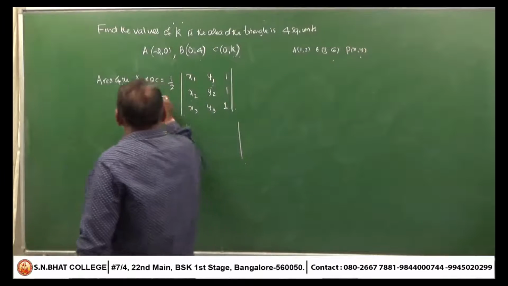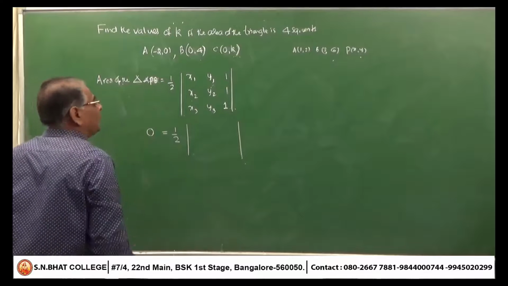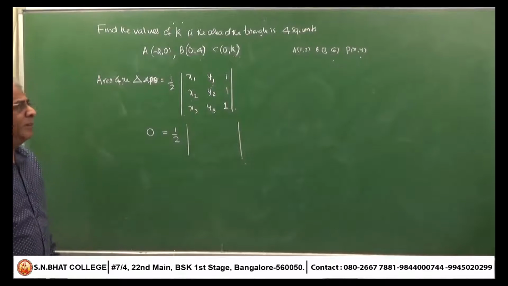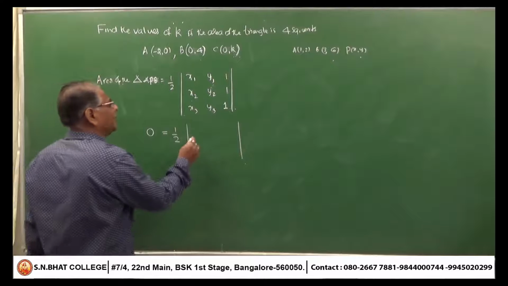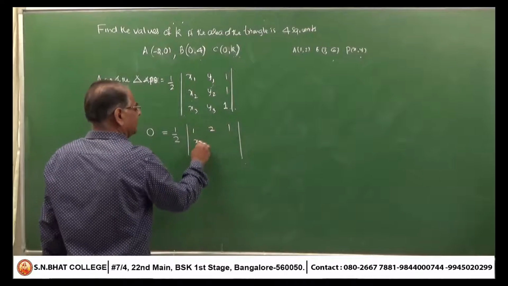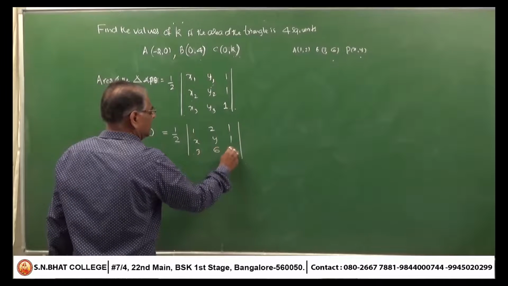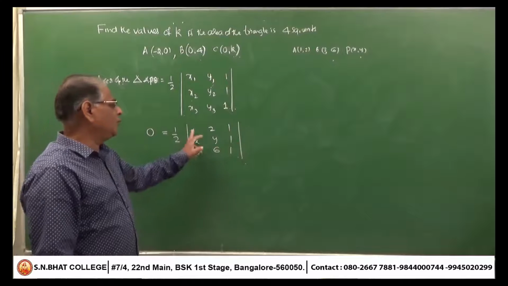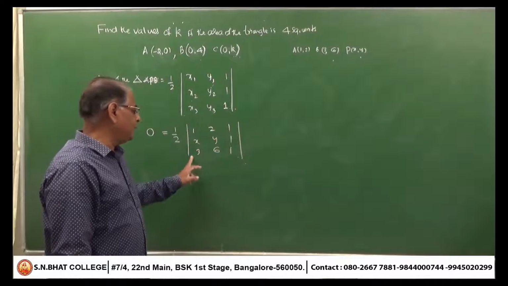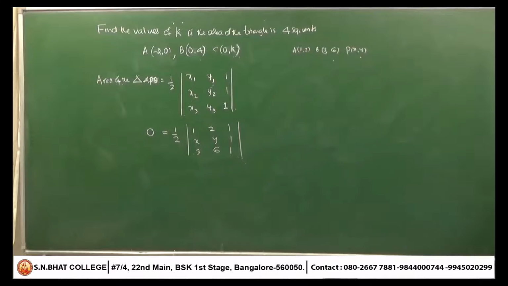Here you write the area of the triangle APB. The third point is P. This is half into the determinant: A is 1 2 1, P is x y 1, B is 3 6 1.